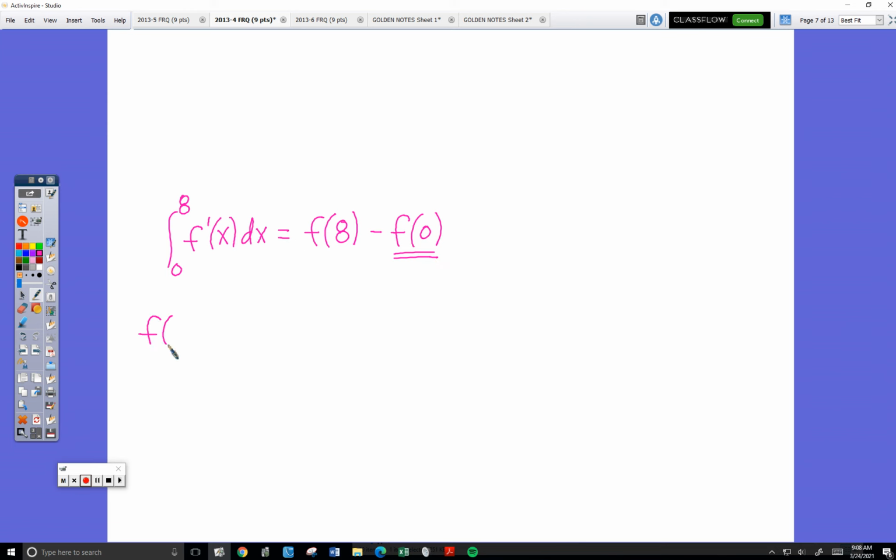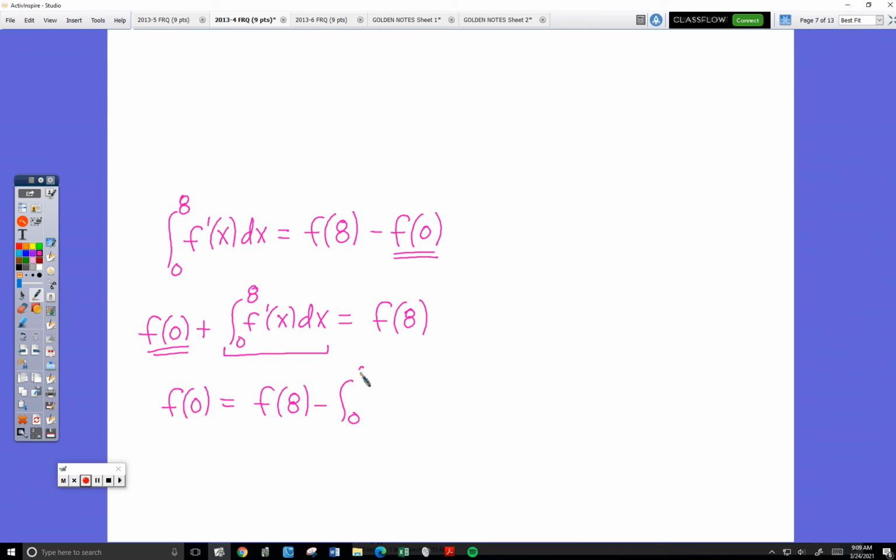We get f of 0 plus the integral must equal f of 8. But we're trying to solve for f of 0. So now we subtract the integral to the other side. We get f of 0 is equal to f of 8 subtract the integral from 0 to 8 of f prime. Like that. So that's the equation we're going to use.